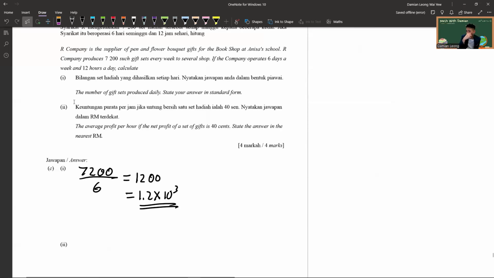Average profit per hour. Net profit for a set of gifts is 40 cents. So means 7,200 times 40 cents is the total profit.